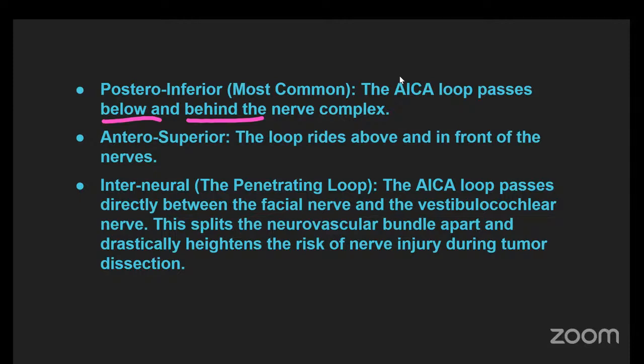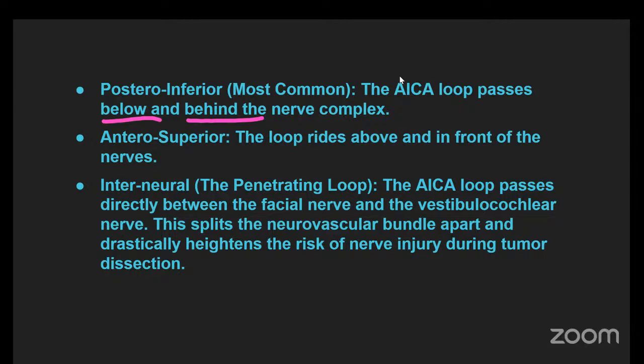If a structure is inferior, it will be encountered before we encounter the nerve. So once we open the patient via a retrosigmoid approach and travel the CP angle cistern, what are you going to see first?